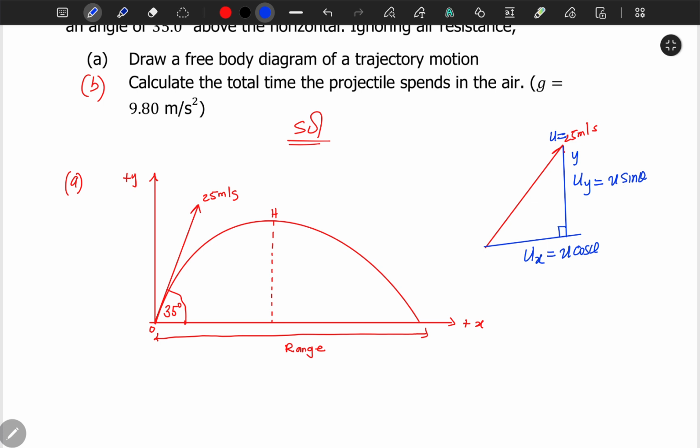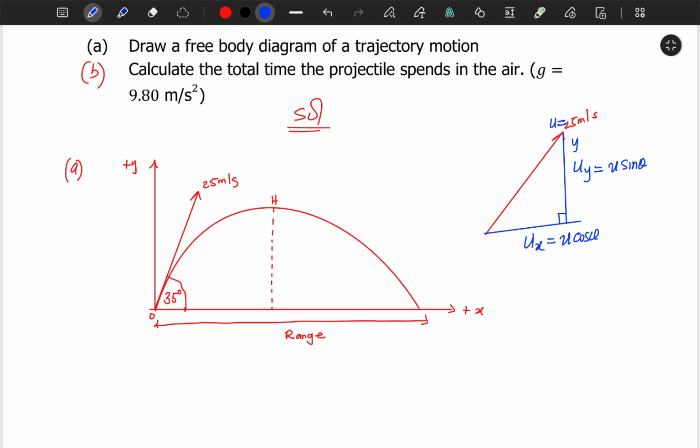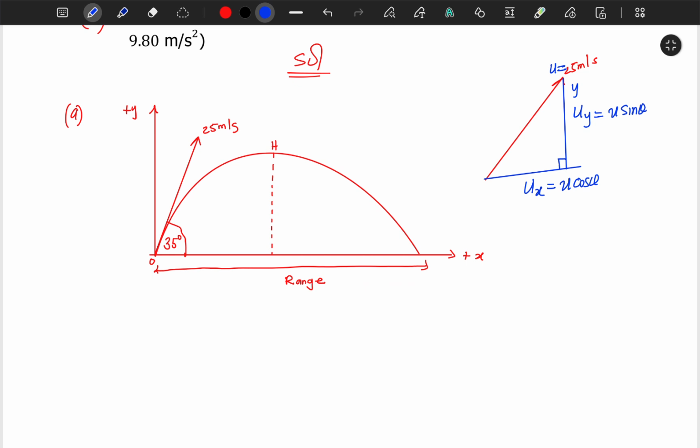As we go to part B, we need to take that into consideration. We need first to find the initial vertical component. Do you know why we are taking the y, not the horizontal one?